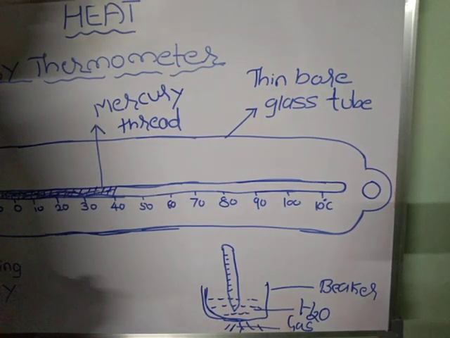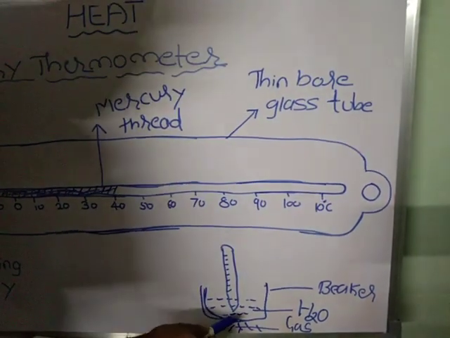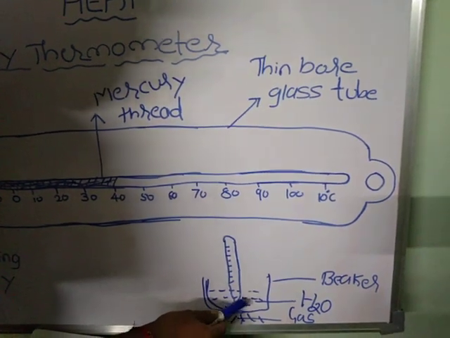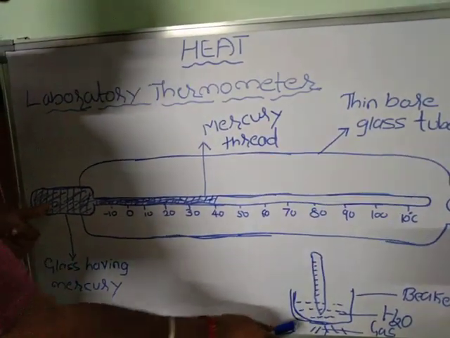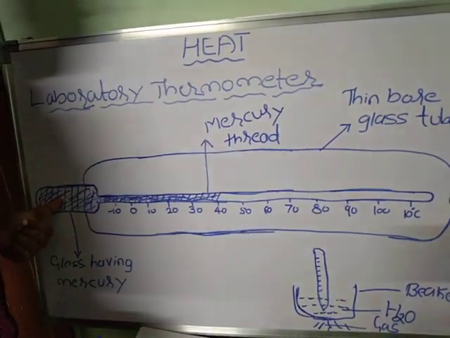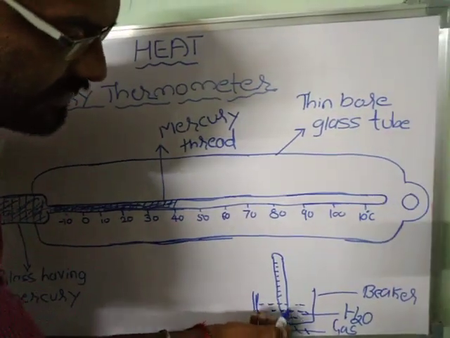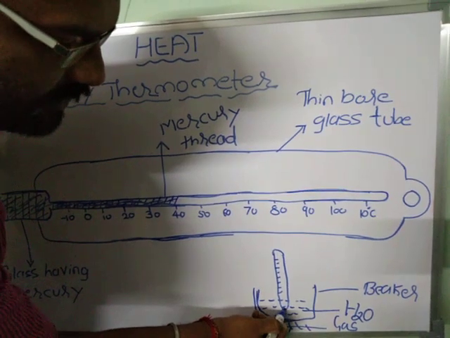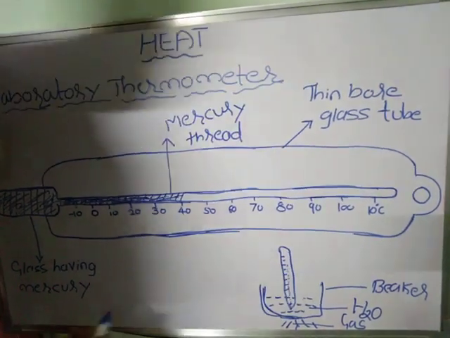Once the water starts boiling, slowly the mercury in the bulb here, this is the bulb of the mercury thermometer, rises. As the water starts boiling, the mercury level in the capillary tube rises.